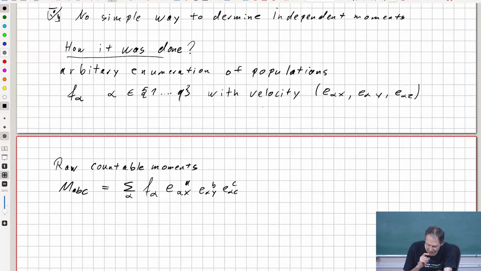And then E_alpha x, y, and z can all be expressed in vectors.